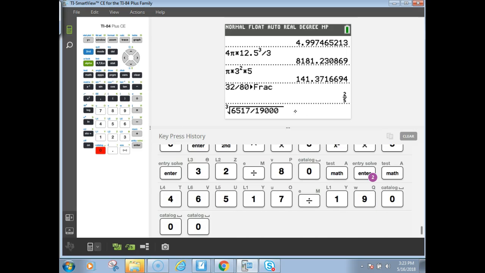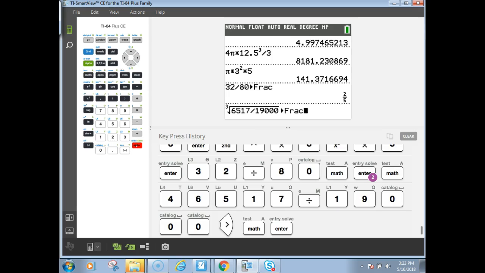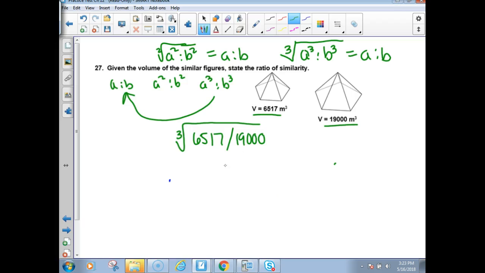Now get out of the radical. Then hit Math, enter, enter to get a fraction back. 7 out of 10. That's your similarity ratio. Okay, so the similarity ratio is 7 to 10, or 7 over 10. I don't usually write my fractions slanted like that, but that was really big numbers.